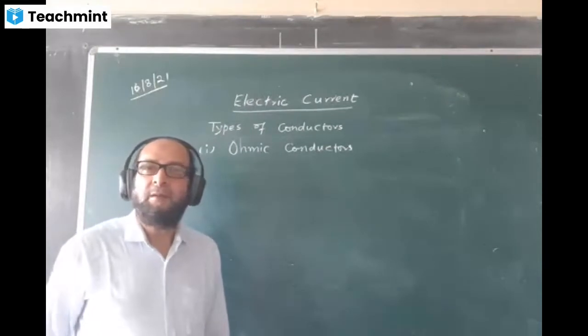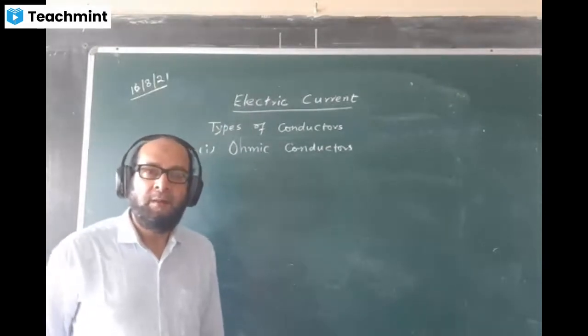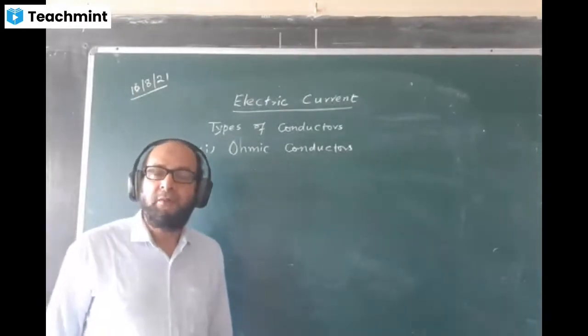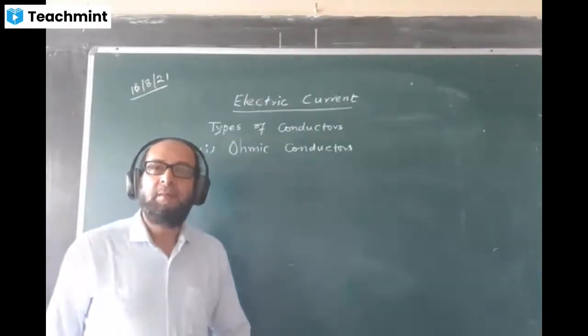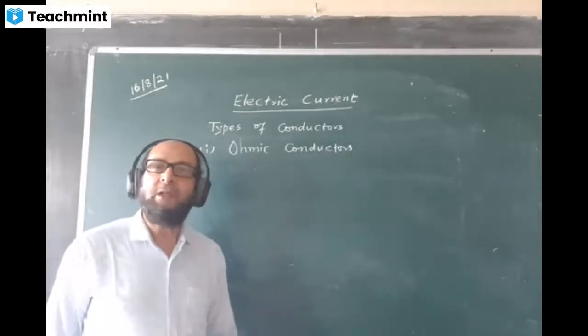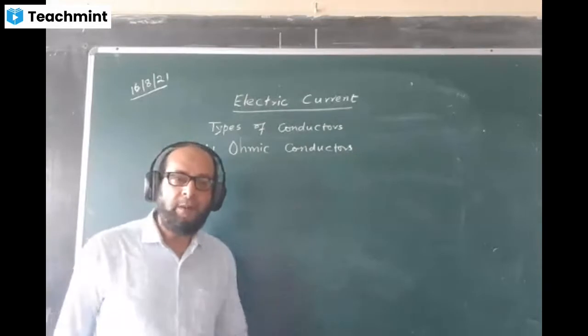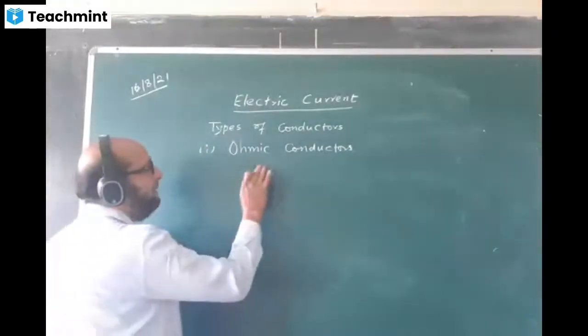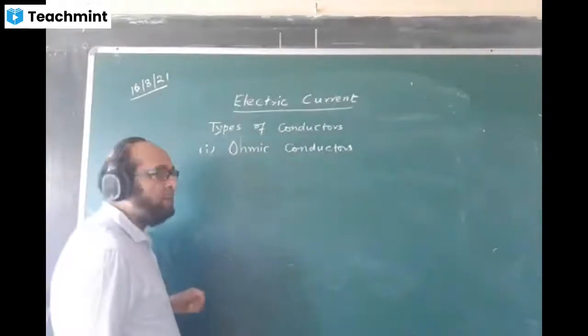For example, metals. All metals obey Ohm's law, so they are all an example of ohmic conductors. All kinds of metals, but the metal has to be a conductor that obeys Ohm's law.